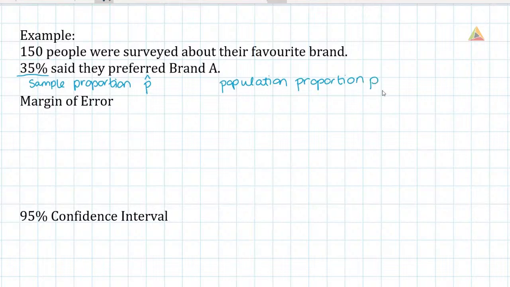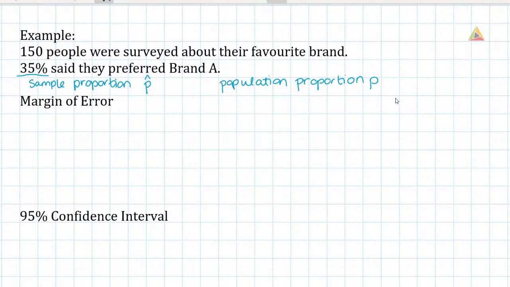So this is P without the little hat on it, and it refers to the population. From this survey, we have 35% saying they preferred something, and we want to see, can we make a guess about how many people in the whole population would agree with that?